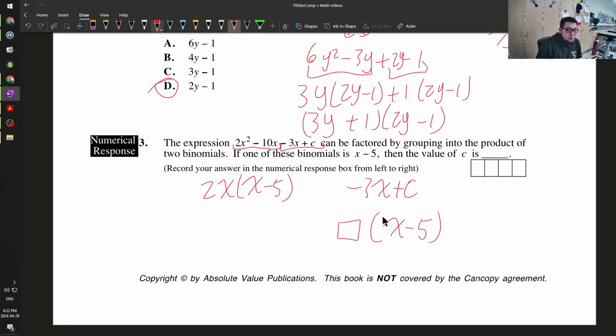Box times x is equal to negative 3x, so the box is negative 3. And what is negative 3 times negative 5? It is equal to 15, and that's what c is.